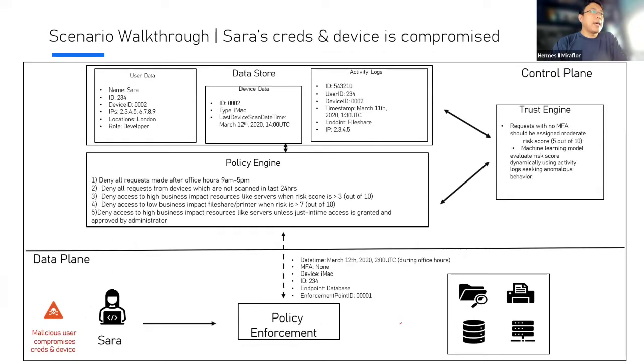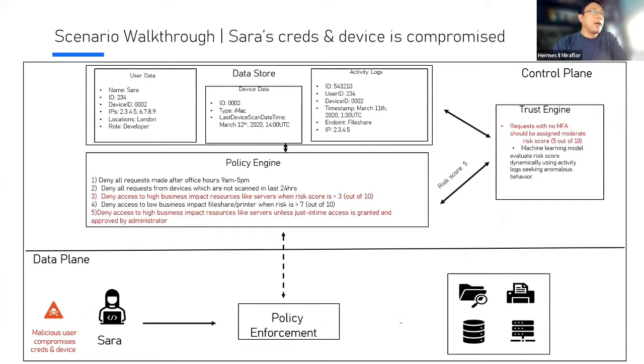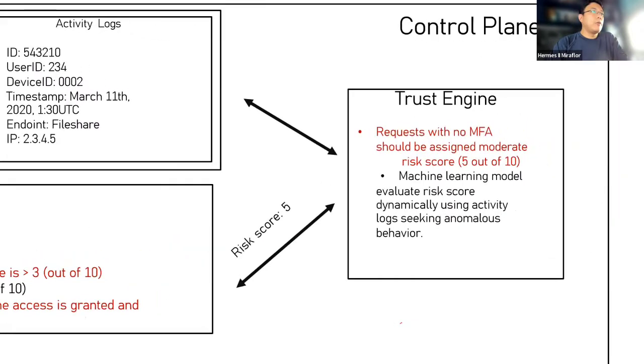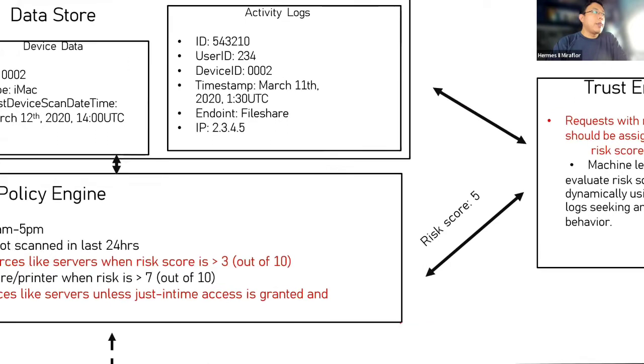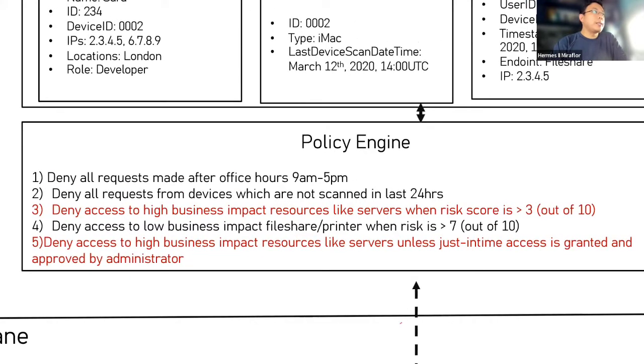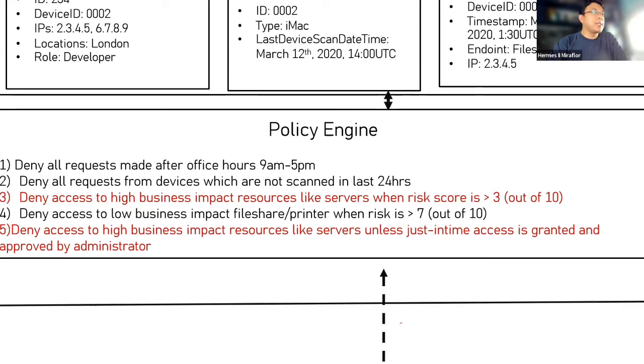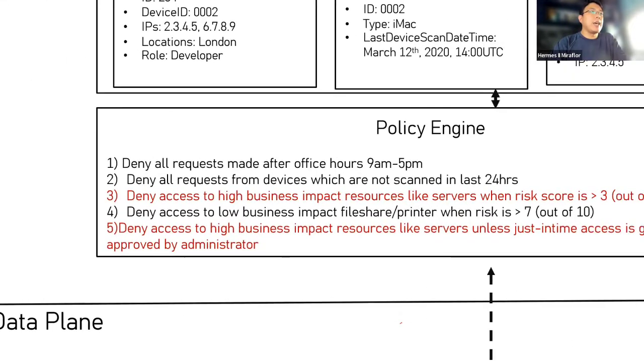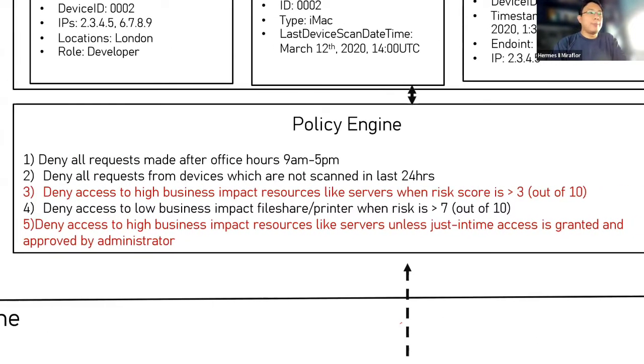That would be passed again to the policy engine. And then again, the trust engine will give out a score of 5 because there is no MFA. And then on the policy engine, you also have a rule here that says deny access to high business impact resources like servers unless just-in-time access is granted by an approved administrator.